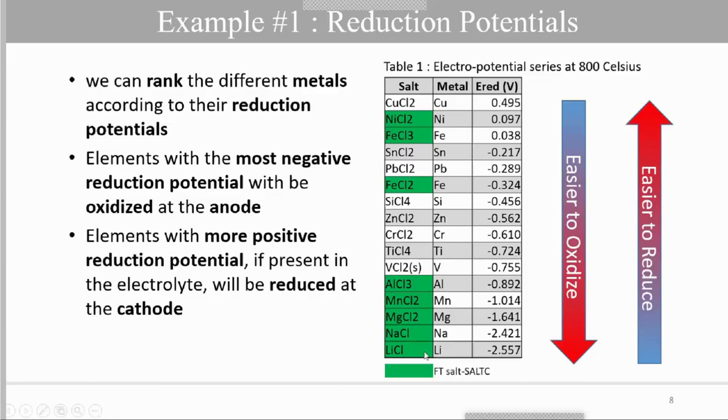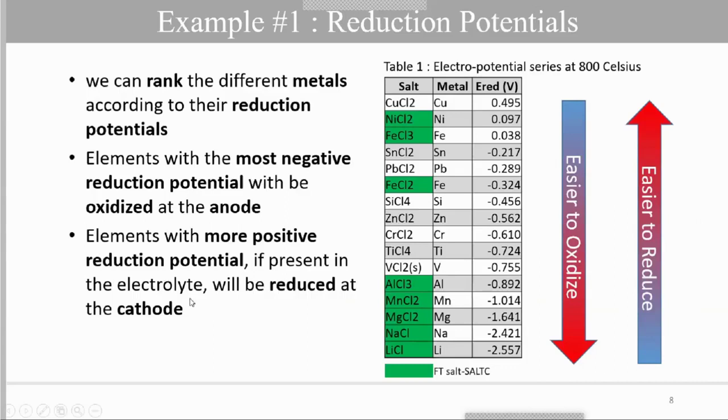So let's say, as Anya presented, that we have some aluminum and we have some magnesium. We will preferentially oxidize the magnesium, and you will get the magnesium out much more easily than you would get the aluminum out.